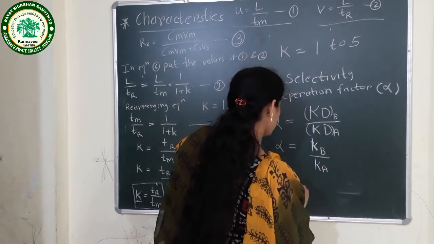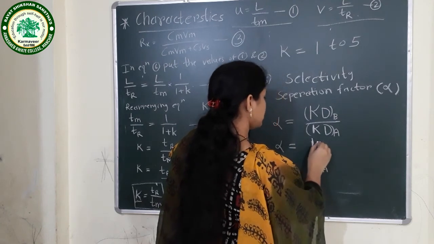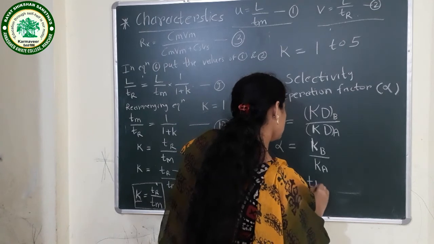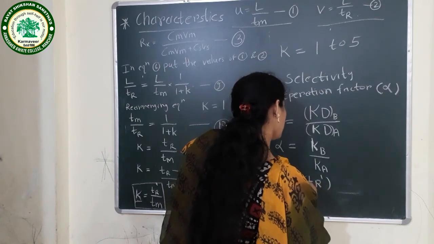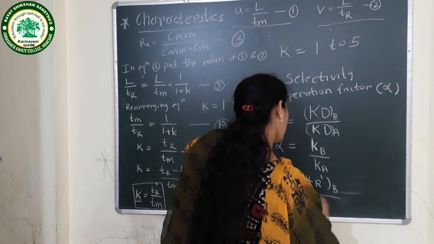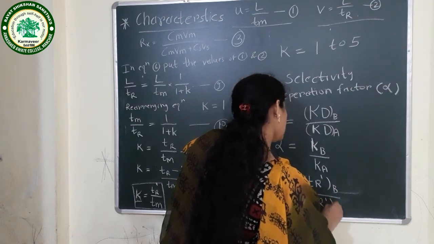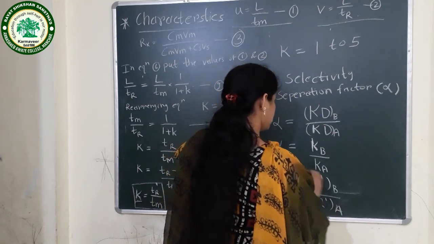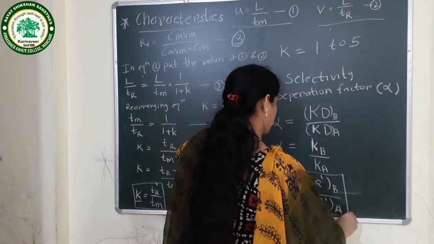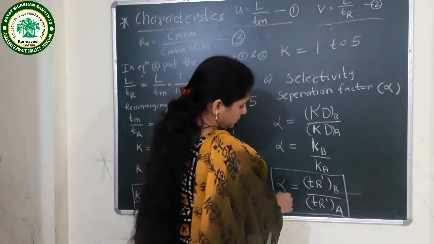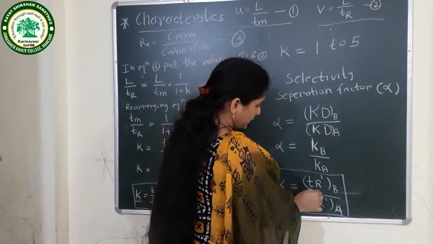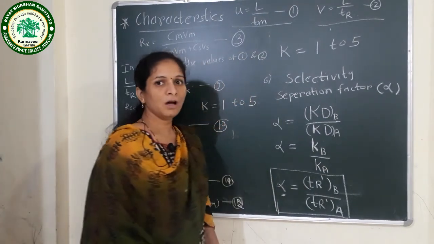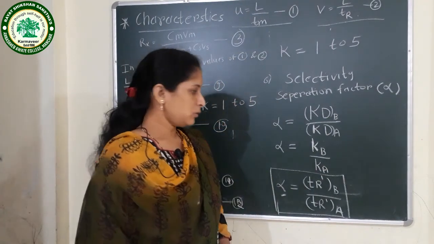Now we can put this value. This kB means the retention factor. We can put the value of corrected retention time. Therefore T'R B upon T'R A. So from this equation, the separation factor and retention factor can be used for the resolution of the chromatogram.